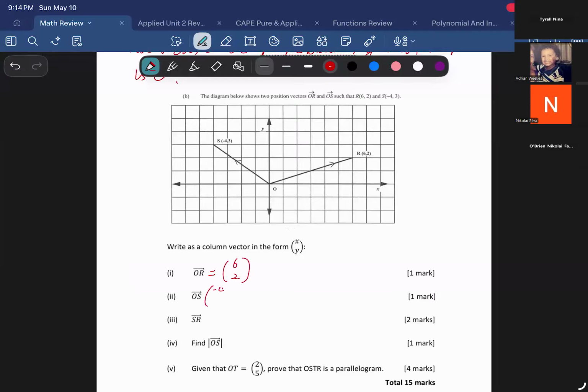OS is (minus 4, 3). All right. SR is SO plus OR, which is (4, minus 3) plus (6, 2), which is (10, minus 1).